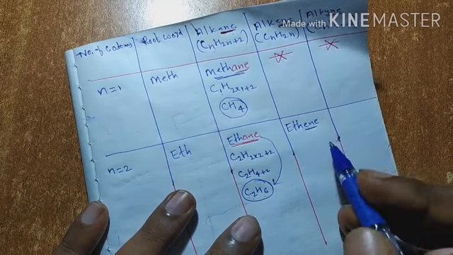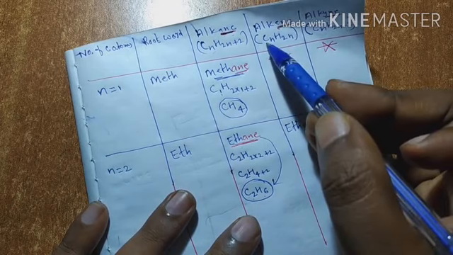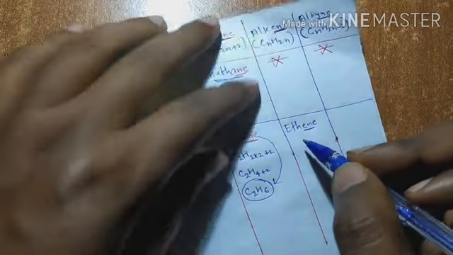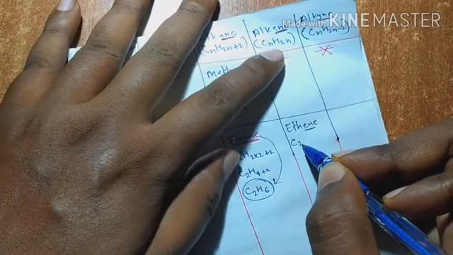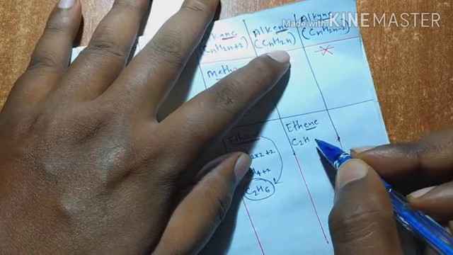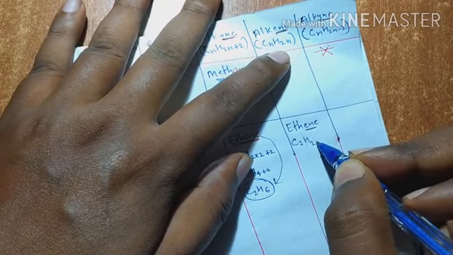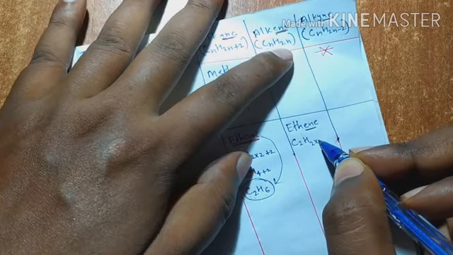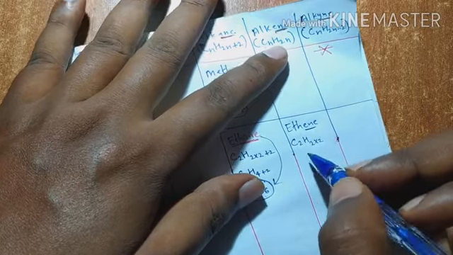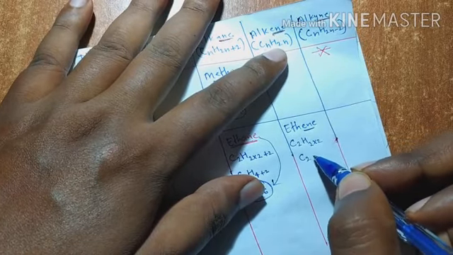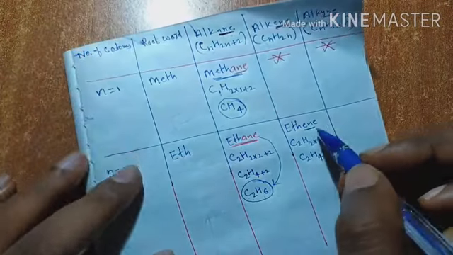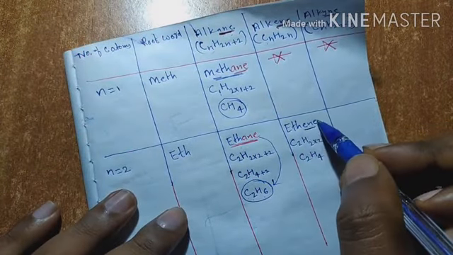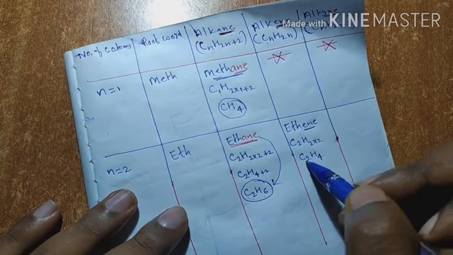Again we put n is equal to 2. So C2H2 into, at the place of n we put 2, so this will be C2H4. So the molecular formula of ethene will be C2H4.